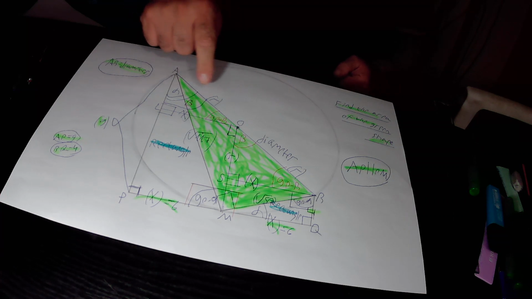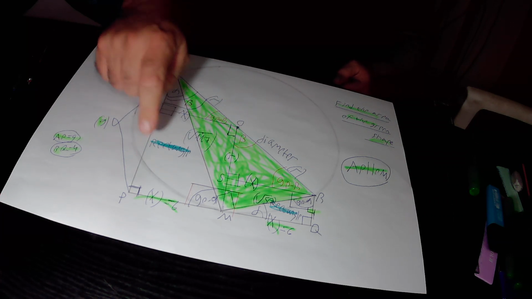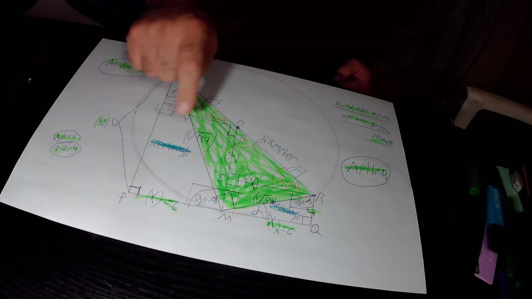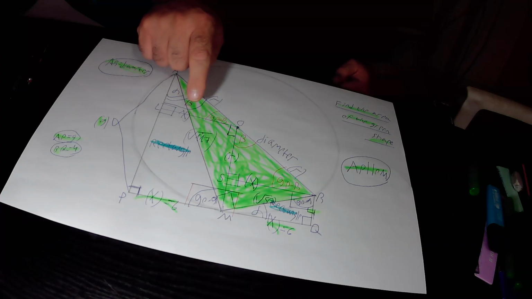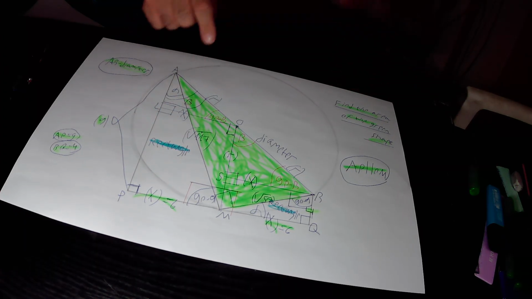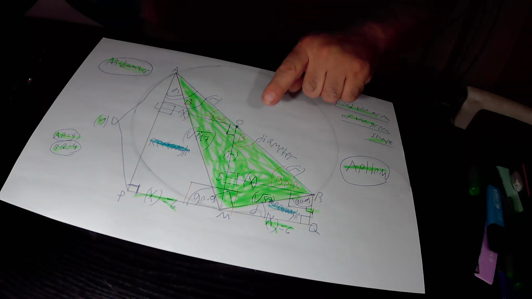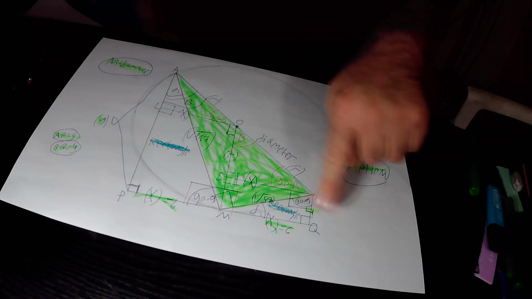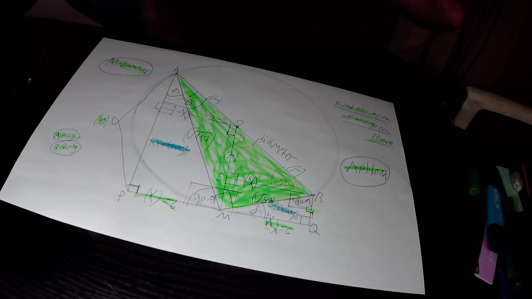So in the big rectangle, side LO must be equal to the opposite side PM in the rectangle LOPM. But LO equals X, and therefore the opposite side PM must also be equal to X units in its length. Likewise, in the small rectangle SBQM, side SB must be equal to the opposite side MQ, but SB equals X, and therefore the opposite side MQ must also be equal to X units in its length.